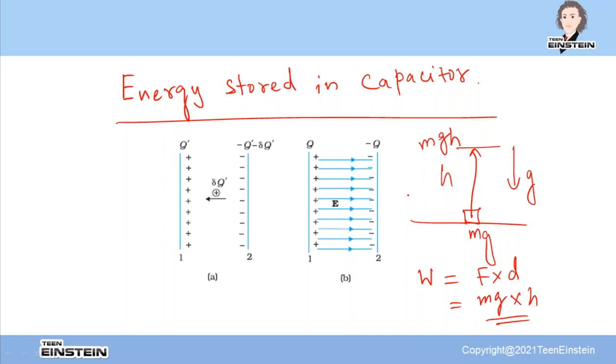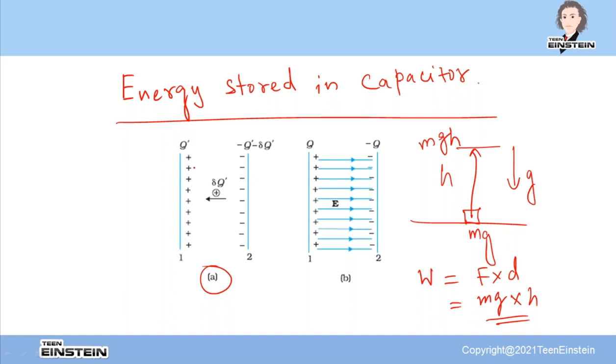See, in this configuration, I am taking a small amount of positive charge delta q from conductor 2 to conductor 1. In this process, I have to do some work against the electrostatic force. The electric field is in this way, so you will feel an electrostatic force.